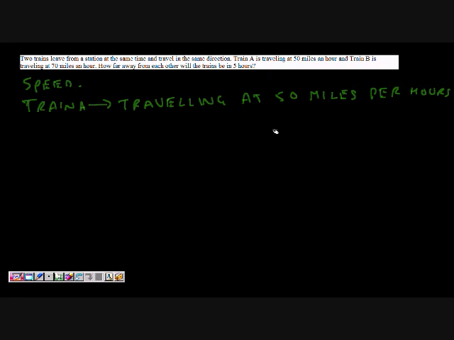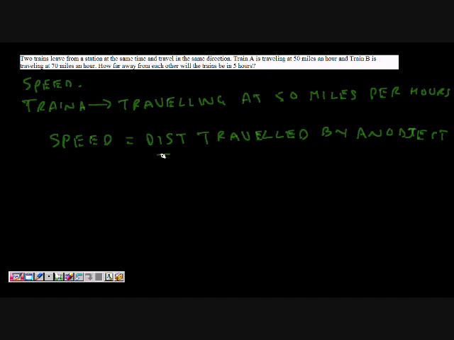So in general, speed is defined as the distance traveled by an object in a unit amount of time, and we can write speed as distance traveled by an object divided by the time that it takes to travel the distance, time taken to travel.